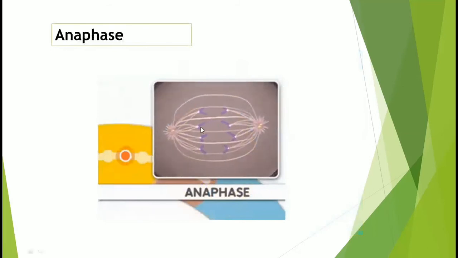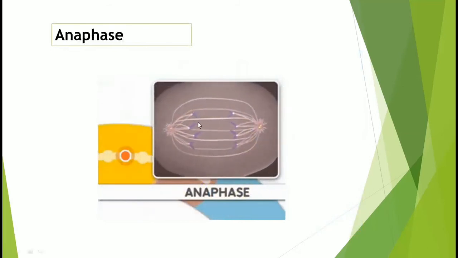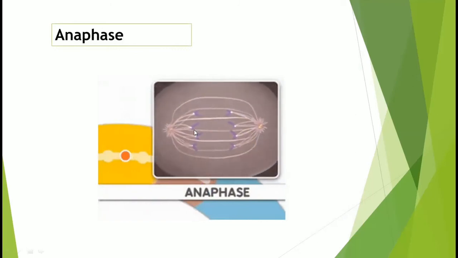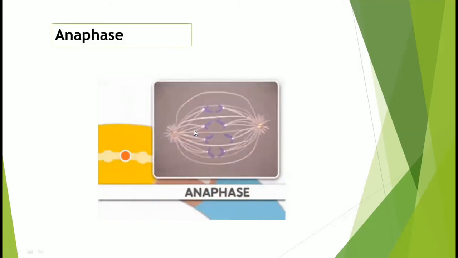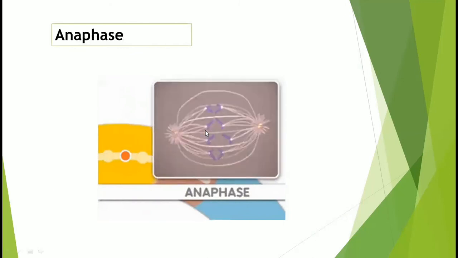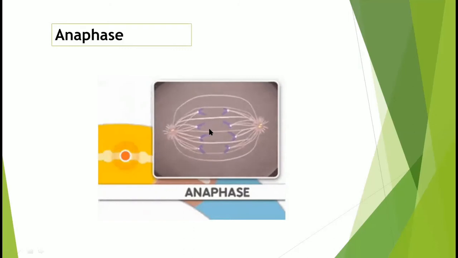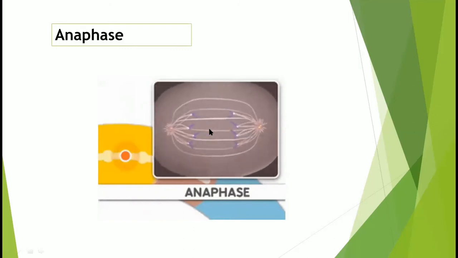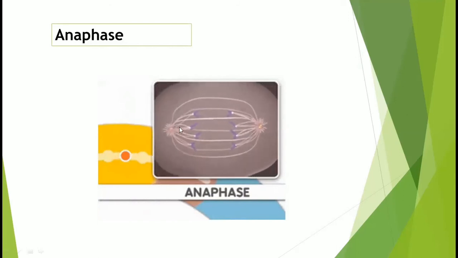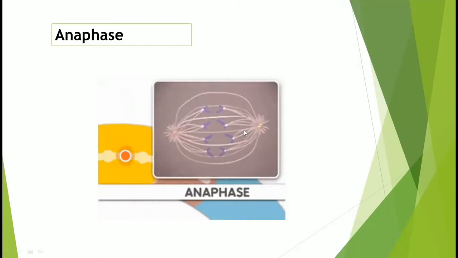This is your anaphase. See, like this one, in anaphase these sister chromatids separate from each other. That means in anaphase, the centromeres split and thereby the sister chromatids of each chromosome separate, and they are pulled in opposite directions.